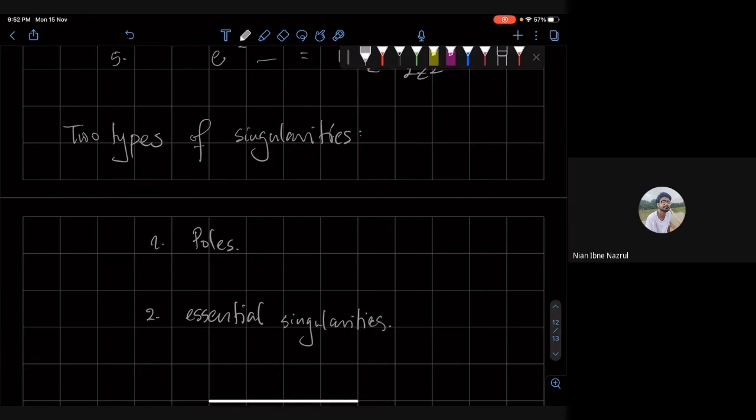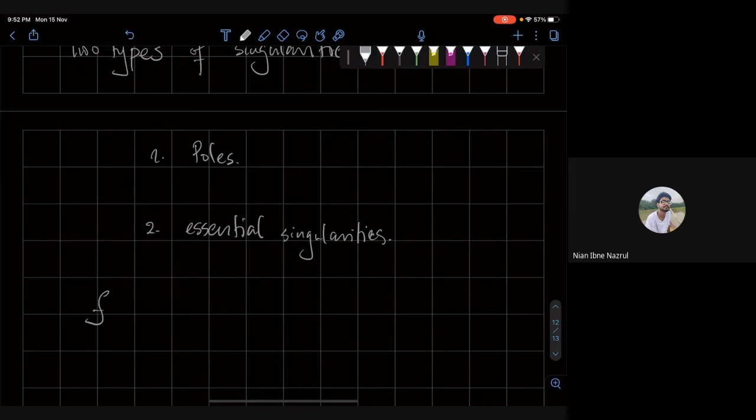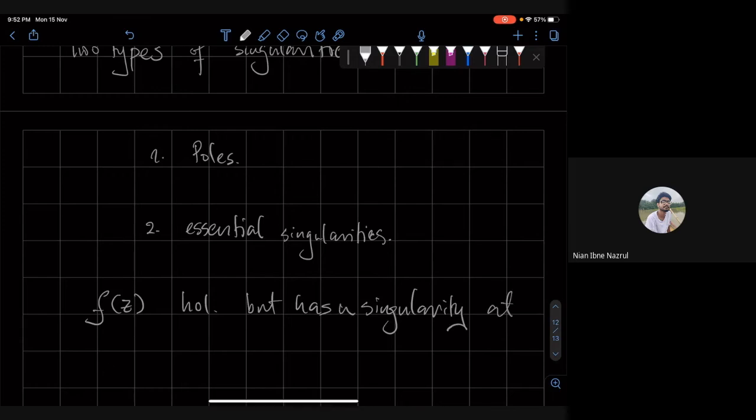Okay, so now suppose that we have a holomorphic function f of z. It's holomorphic, but has a singularity at, say, z equals z naught.